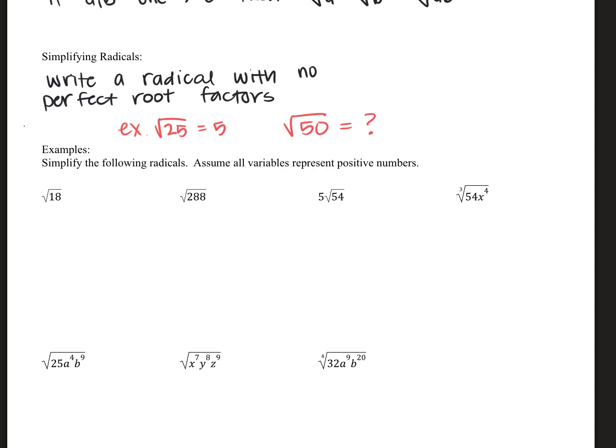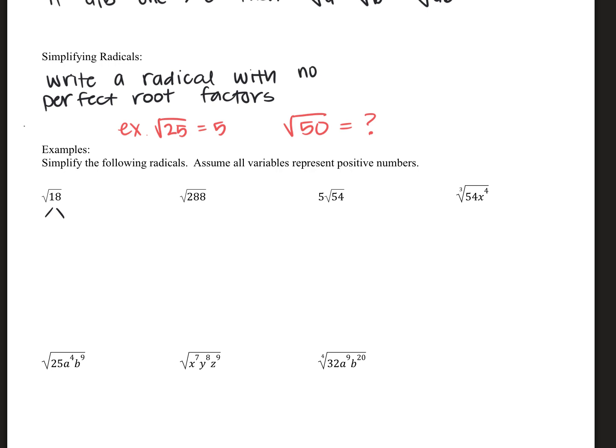When we are simplifying radicals that aren't perfect squares, we break down and create a tree of the multiplication that can lead us to that number. So, simplifying the square root of 18. You're allowed to break it down however you want, as long as the numbers multiply to 18.